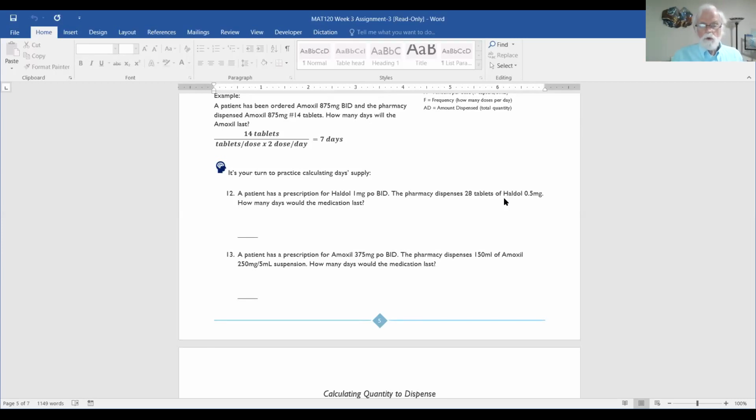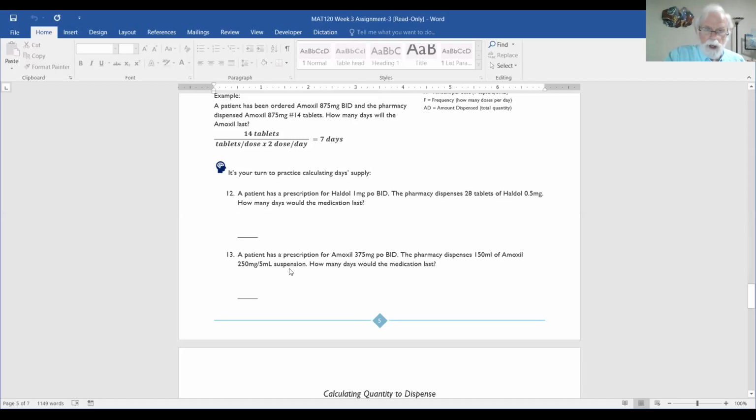So what we want to know here first is how much is going to be taken per day. So we've got 375 milligrams is the dose prescribed per dose, right? Yes. 250 milligrams is on hand and 5 milliliters is the vehicle.